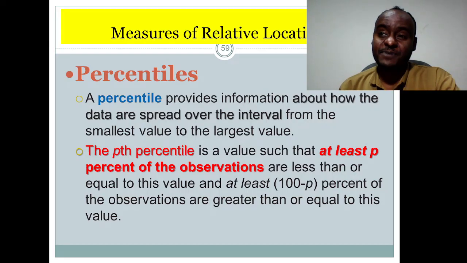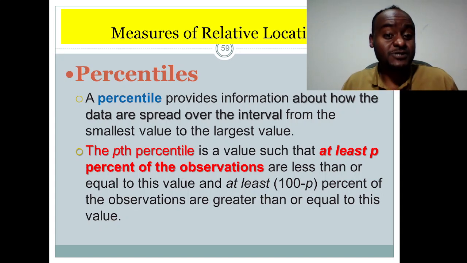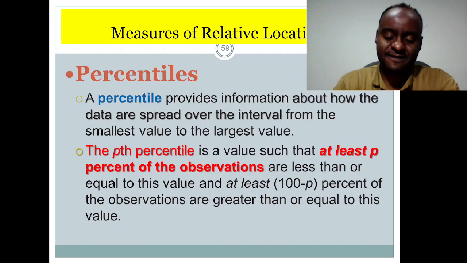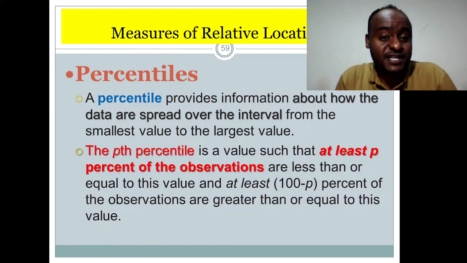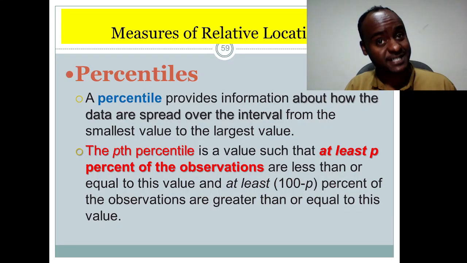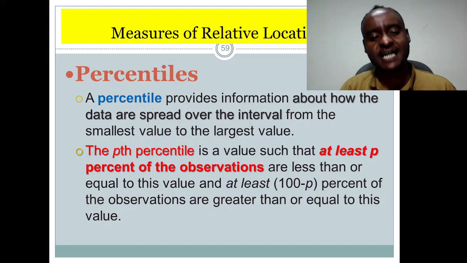So the first one is percentile. As the name indicates, percentile divides your data set into 100 equal parts. It's related to percentage, and that's why we call it percentile.